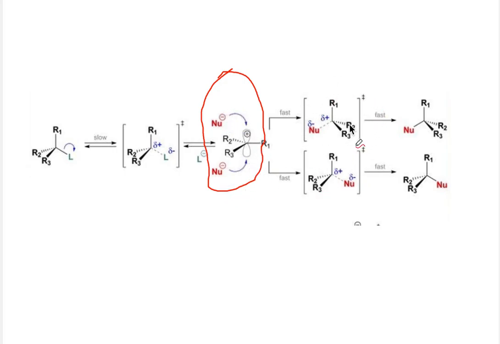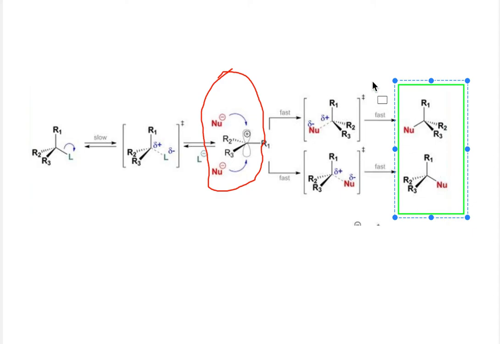So we would have two intermediates where the nucleophile can approach from the left side or from the right side, producing a pair of enantiomers with equal concentration. It means we would have a racemic mixture in the end, because the molecules are overall identical with different stereochemistry at the chiral center. So the equimolar proportion of a pair of enantiomers always constitutes a racemic mixture.